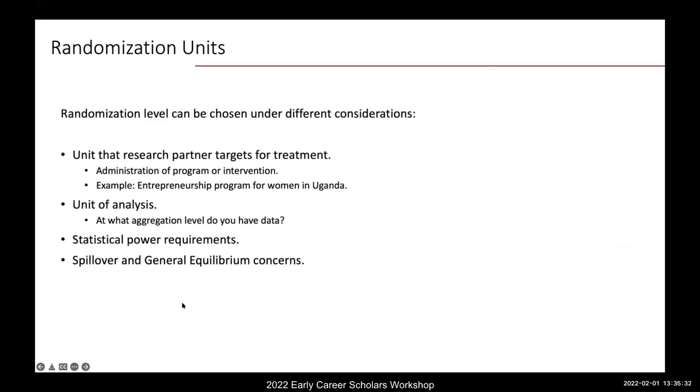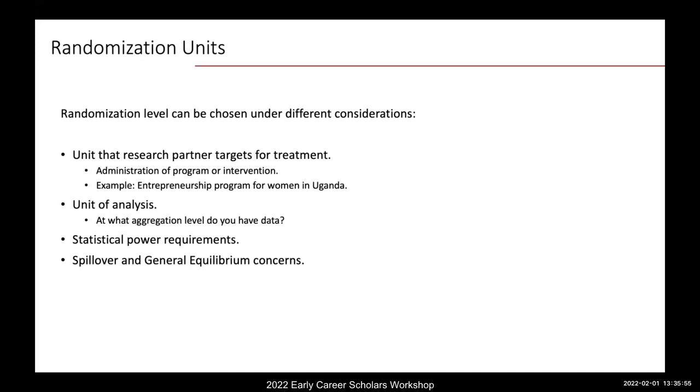All right. How you choose your randomization level depends on various considerations. Okay. It could be that your research partner actually has specific units that it targets for treatment. So this depends on the administration of a program or intervention.